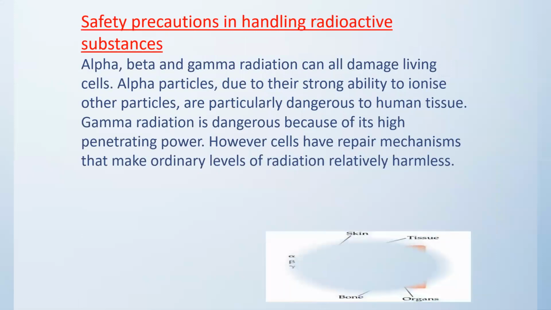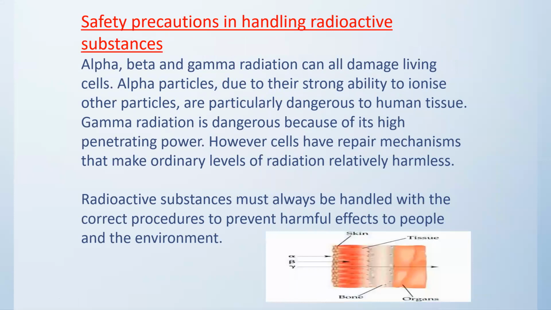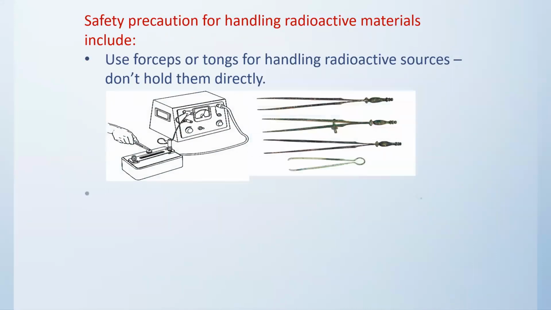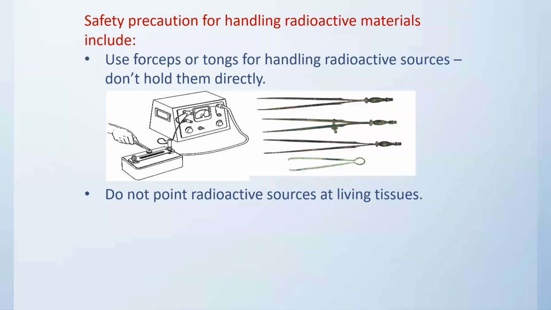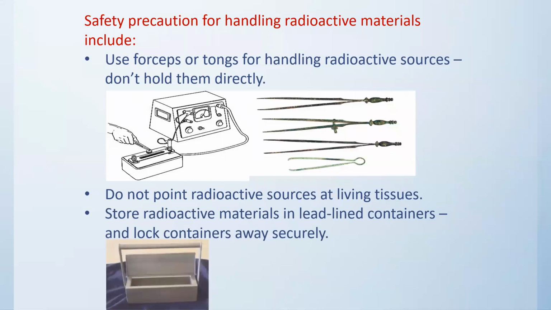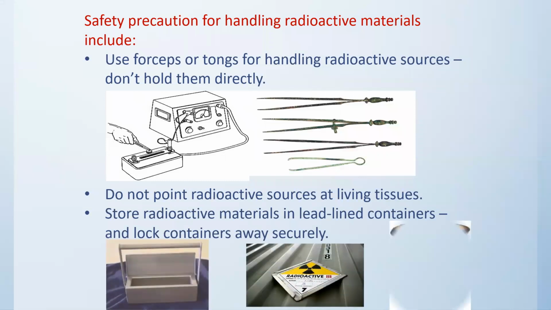Then the safety precautions when we are handling a radioactive source. These radiations are harmful and can damage tissue cells as they are highly ionizing. So what are the safety precautions? We should use forceps or tongs to hold the source. We should not point the source towards living tissues, and we should keep the radioactive source in a lead-lined box so that the radiation cannot escape.